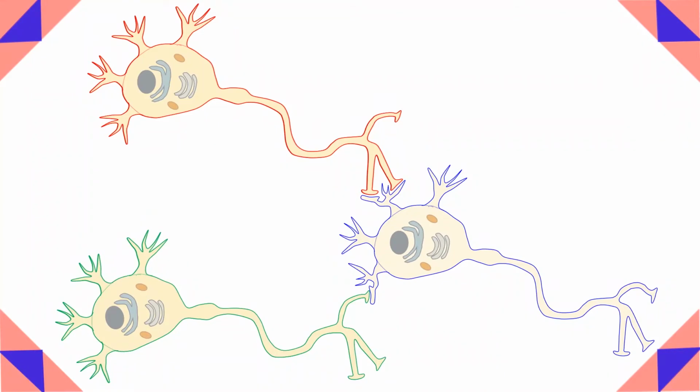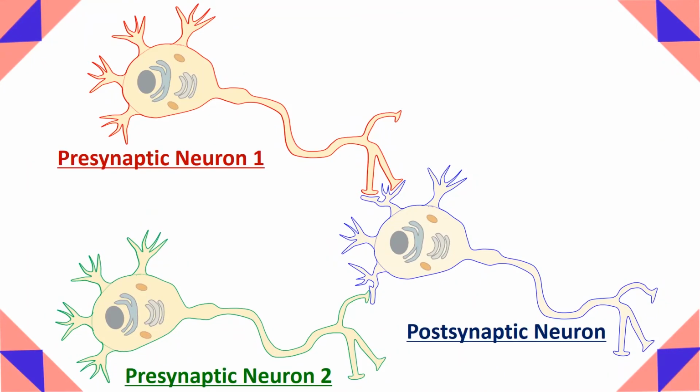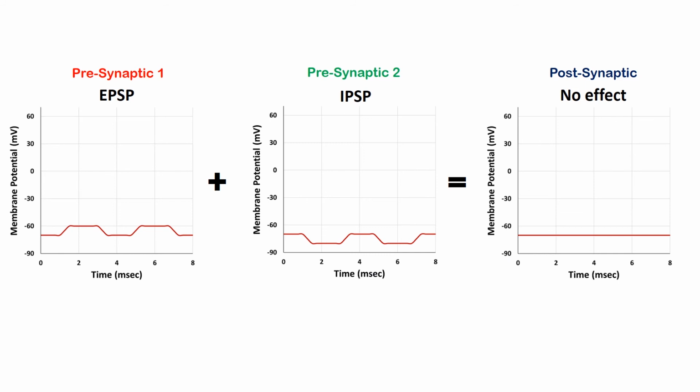So imagine for a second we have 3 neurons, 2 presynaptic neurons, one in red, one in green, and then 1 postsynaptic neuron in blue. We may run into a situation where presynaptic neuron 1 fires an EPSP sufficient to activate the action potential. However, presynaptic neuron 2 at the same time fires an IPSP.